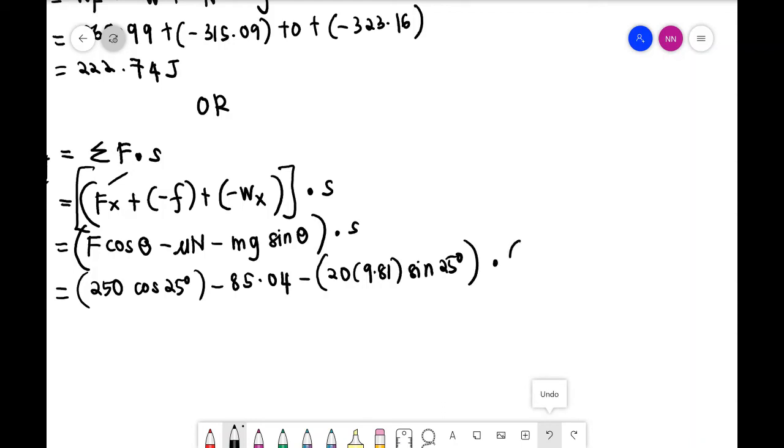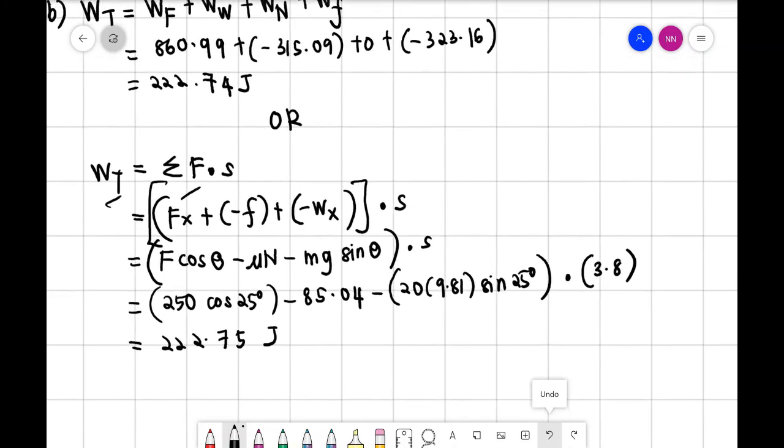Dot S, where S is 3.8. So, carefully, 250 times cos 25 degrees minus 85.04, then you get an answer, and then you minus, in brackets, 20 times 9.81 times sin 25 degrees, and then you get an answer, and then you times 3.8. So it equals 222.75 joule. It is the same.